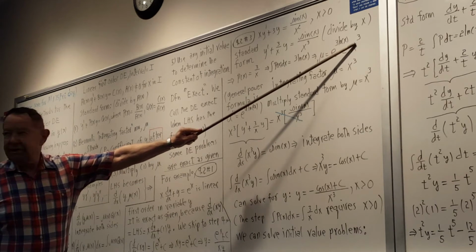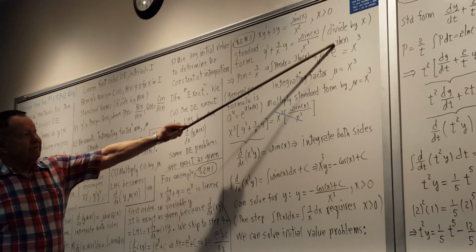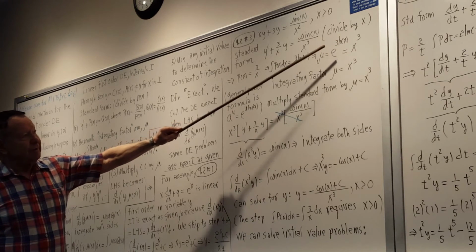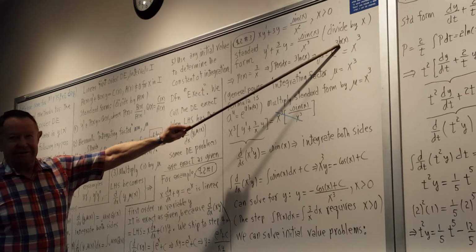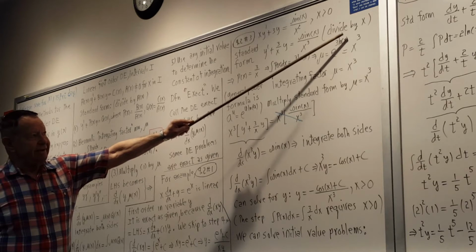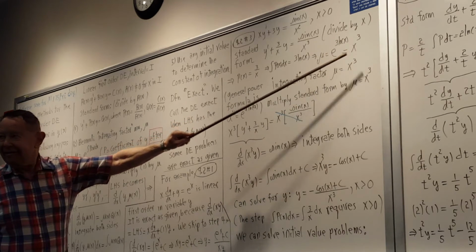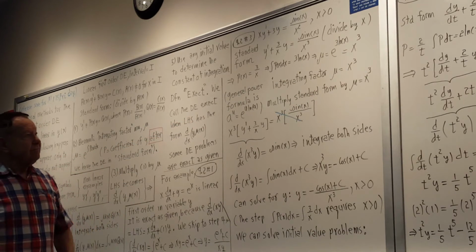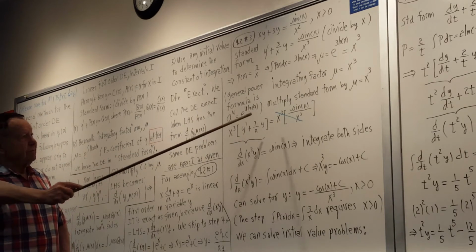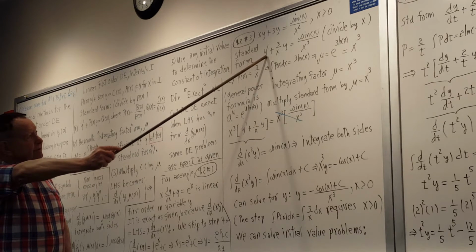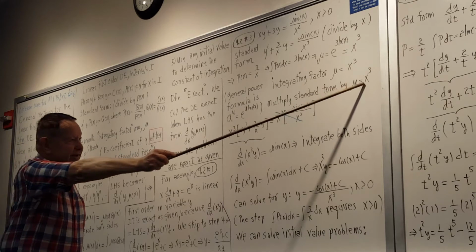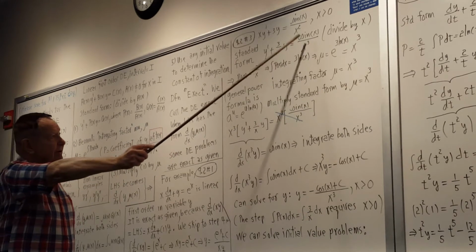See, the reason x cubed is what you get is that if you rewrote this e to the log x cubed, then e and ln are each other's inverses. So e to the ln of anything is the anything. So the integrating factor is x cubed. So you multiply your standard form, not the original, but the standard form, by the integrating factor, all the way across.